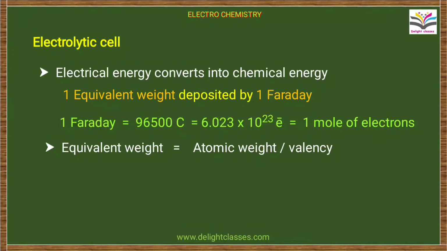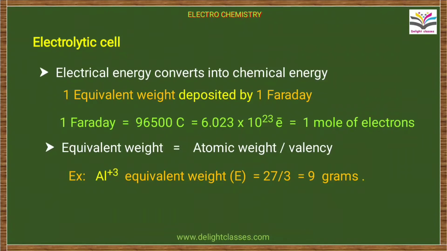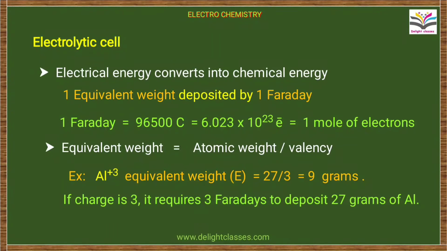One equivalent weight is equal to atomic weight by valency. Example, Al3+. Equivalent weight is equal to 27 by 3, which is 9 grams. If the charge is 3, it requires 3 Faradays to deposit 27 grams of aluminium.